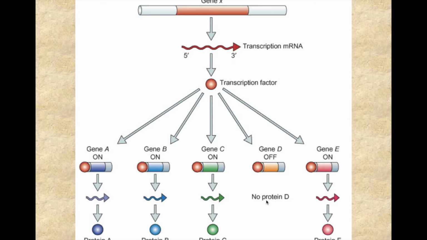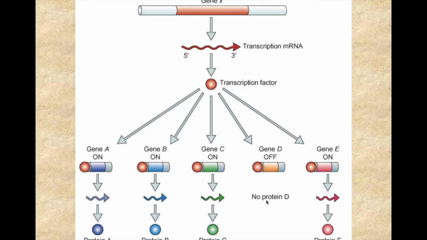So for example, in this image, if gene X codes for a transcription factor, and gene X gets mutated, either to increase expression of the transcription factor, decrease expression of the transcription factor, or even alter the sequence of the transcription factor and therefore the way that it folds and behaves, then all the genes that transcription factor is responsible for helping to regulate the expression of, in this case, genes A, B, C, D, and E, their expression is going to be impacted because now this transcription factor doesn't behave the way it was supposed to behave.